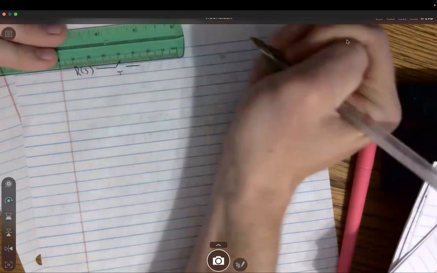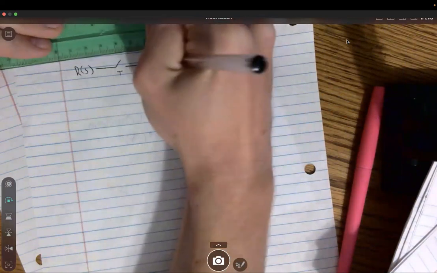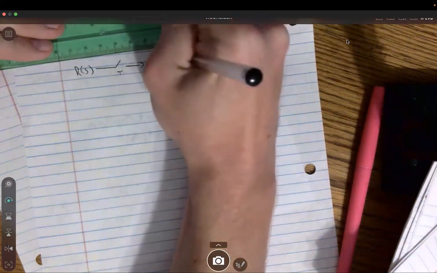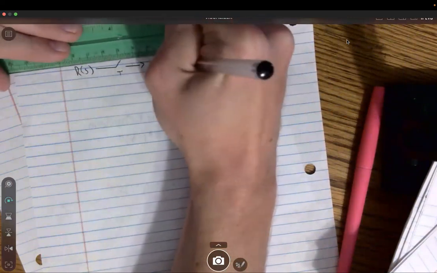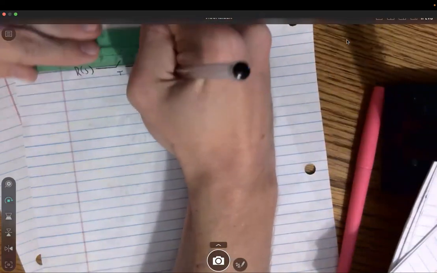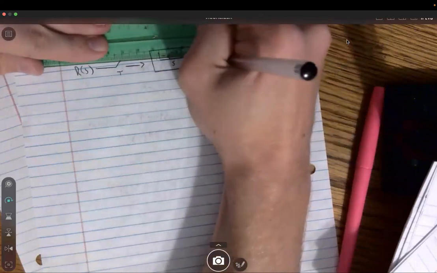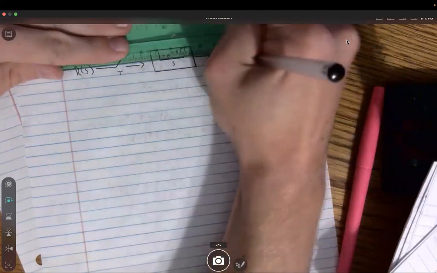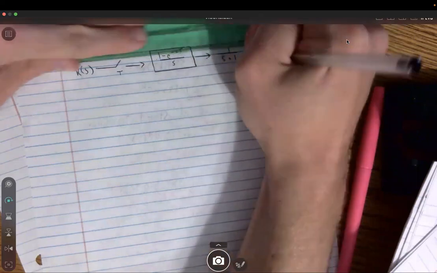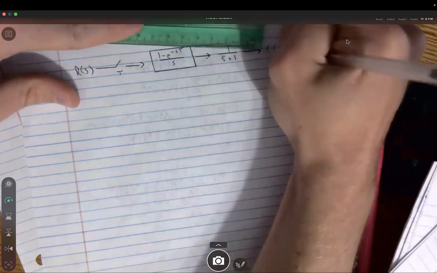The sampler is followed by the zero order hold, which is 1 minus e to the negative sT all over s. That's what your zero order hold block is. Then we have our actual plant transfer function, 1 over s plus 1, which produces our output C of S.